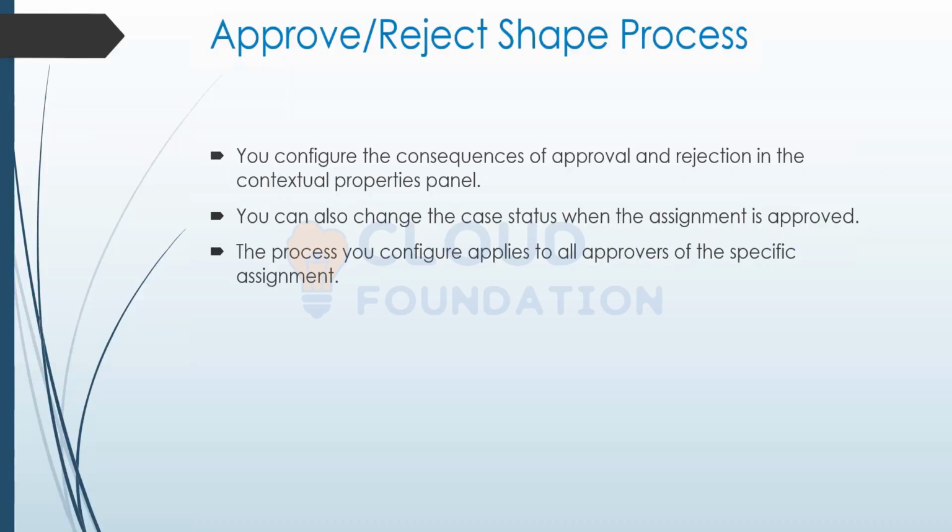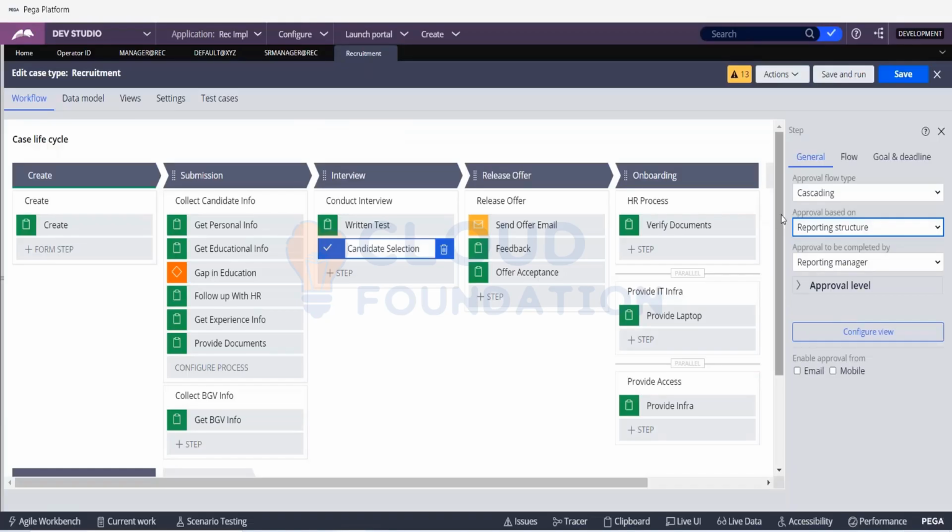How will the approval process go typically? It goes to your project manager, after which it may go to the director of technology, maybe the vice president of technology. Likewise, it goes in the order of your reporting structure. If your approvals are based upon reporting structure, it is a reporting structure based cascading approval.